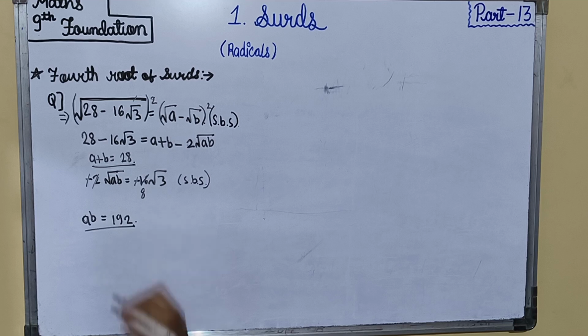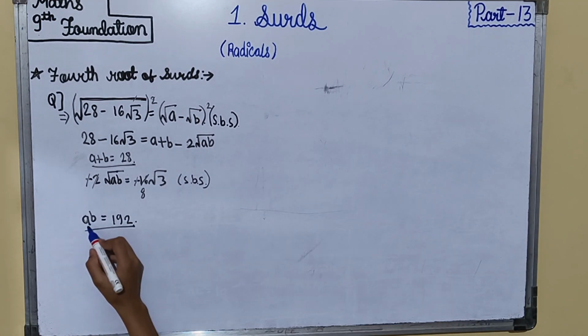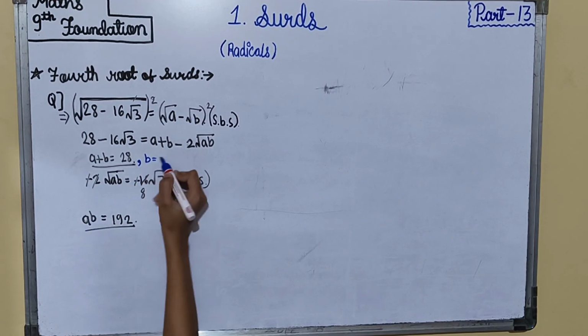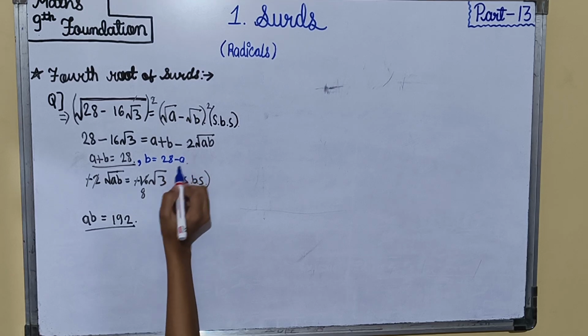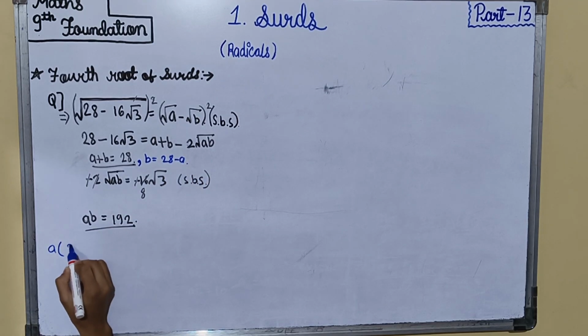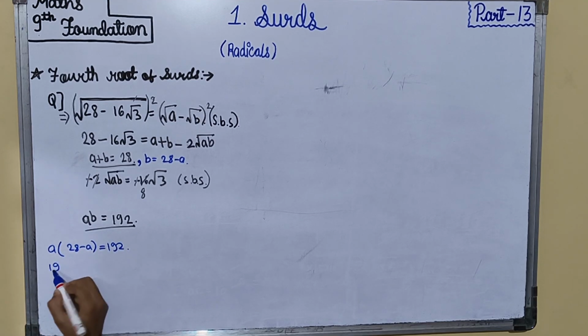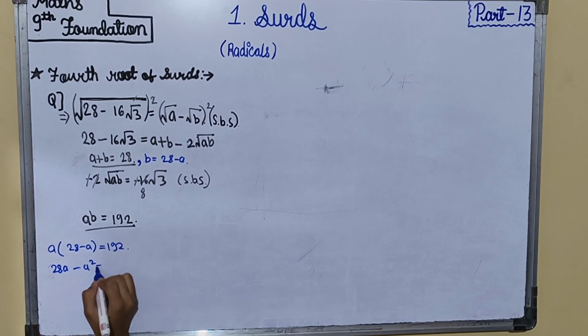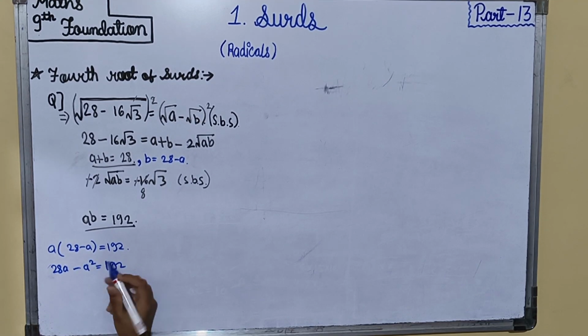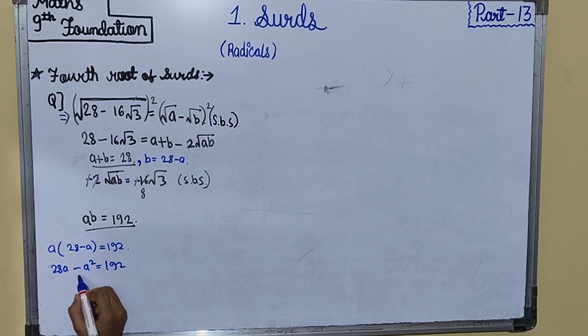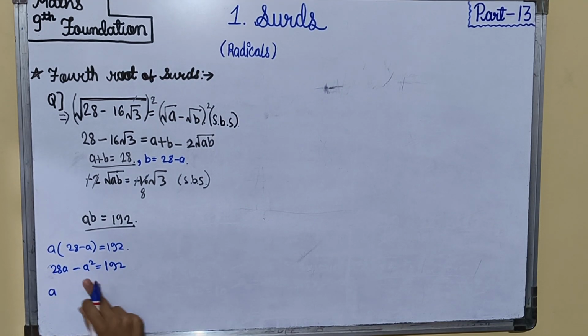Now we got both the values. Now we'll substitute. Here we'll take b is equal to 28 minus a. So a in bracket 28 minus a is equal to 192. 28a minus a square is equal to 192. We'll take all the terms to one side equal to 0, and this a square should always be positive, so we'll transpose it to the RHS.